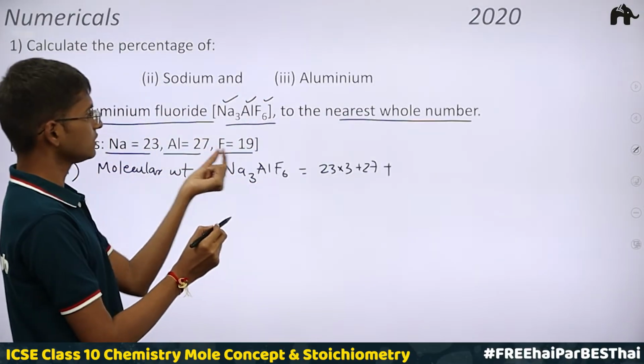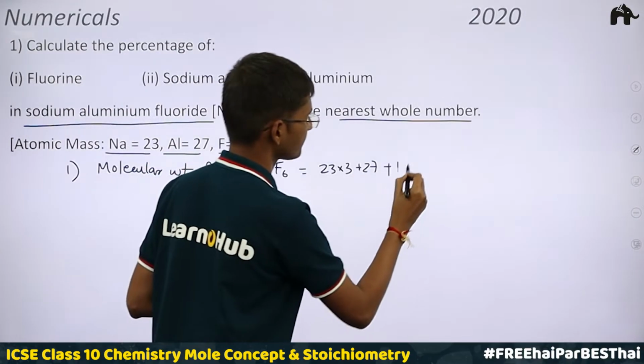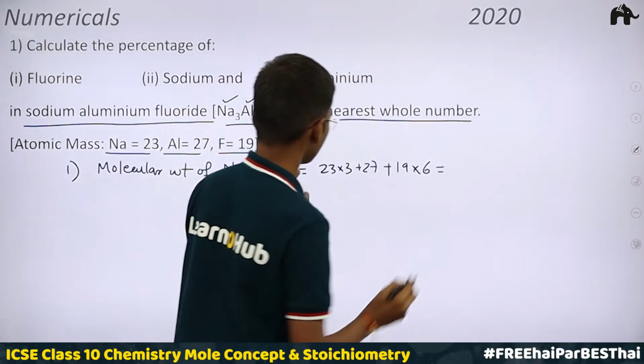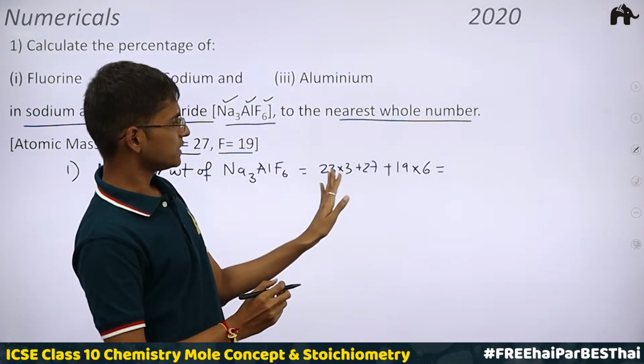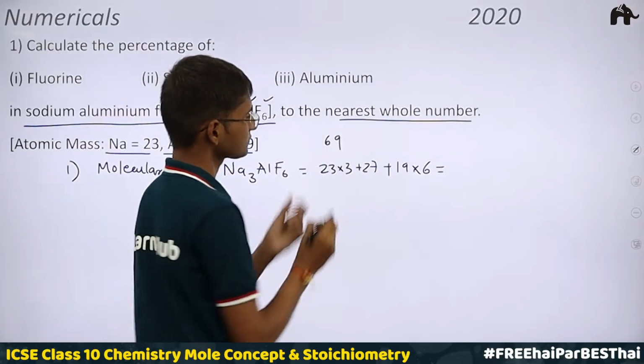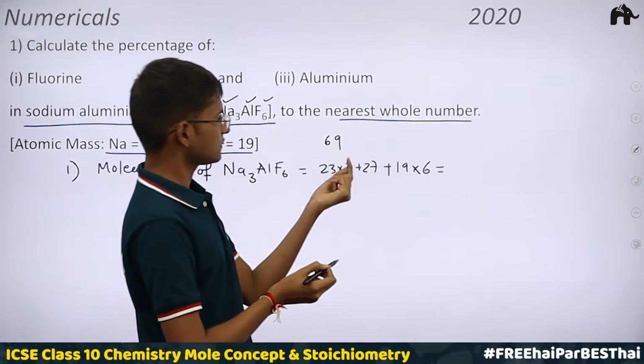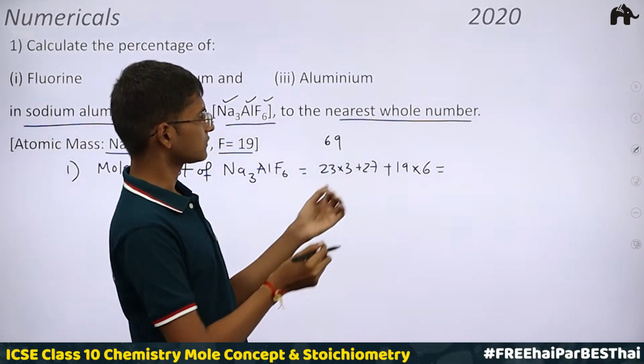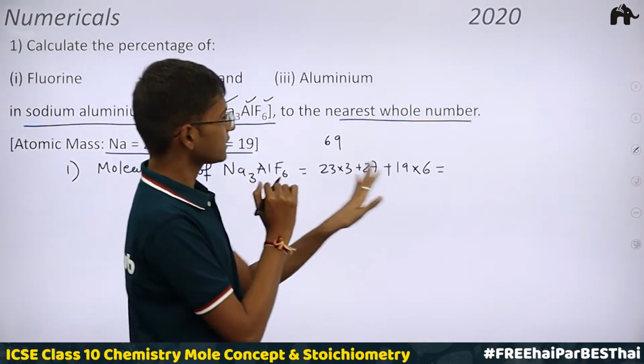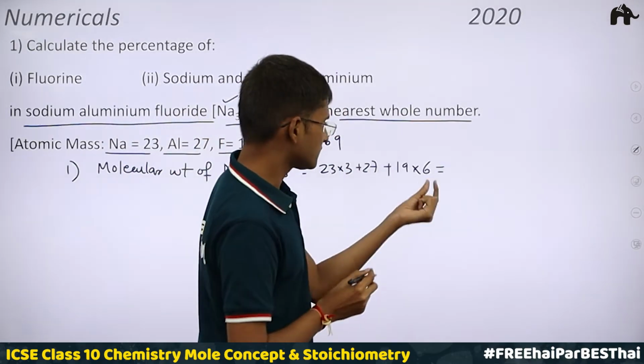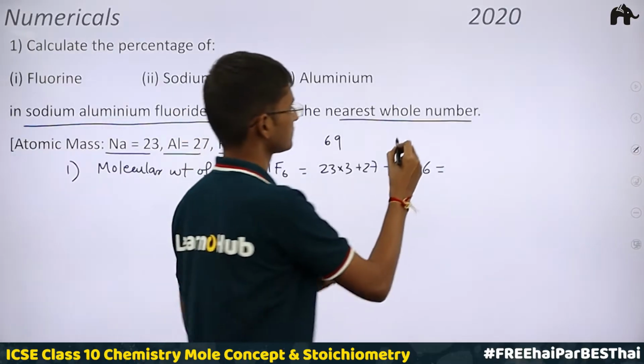And then 6 fluorine, so 19 into 6. So what would be the total? 69, plus 27 is 96. And 96 plus this 19 into 6, which is 114.